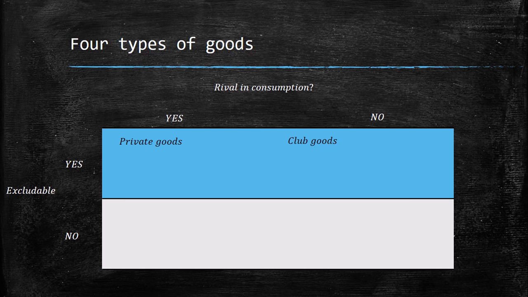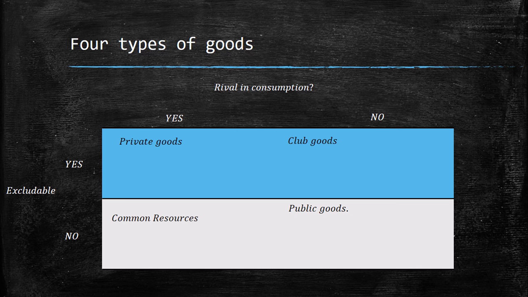When they are excludable but not rival in consumption, they are club goods. When they are rival in consumption but not excludable, we have common resources. And when they are neither rival in consumption nor excludable, we call them public goods.